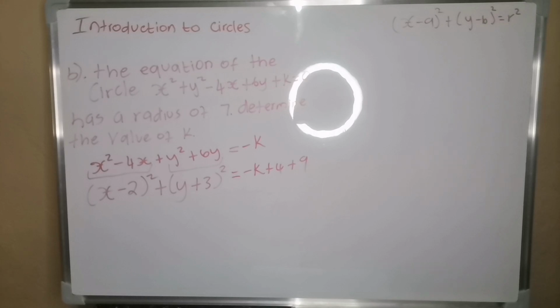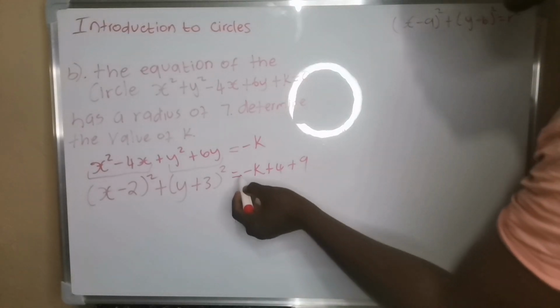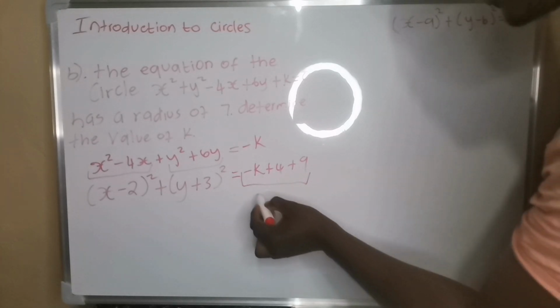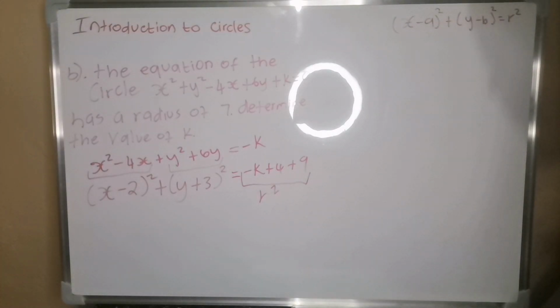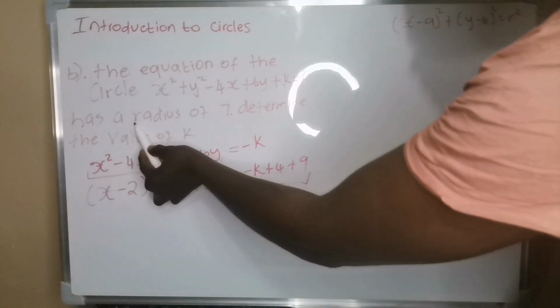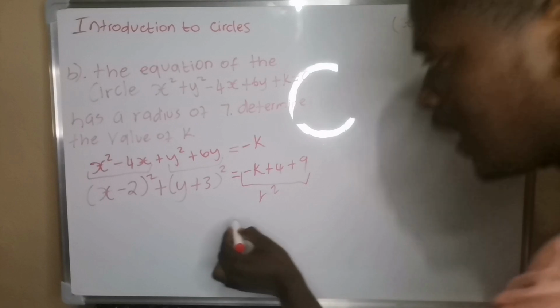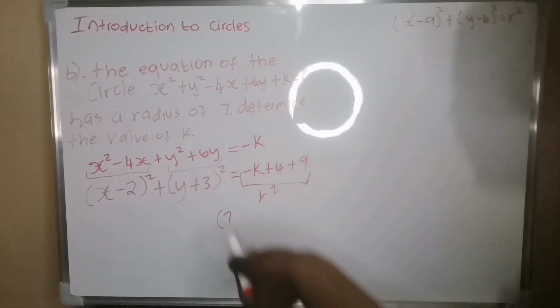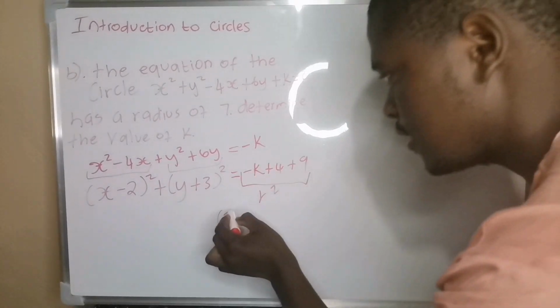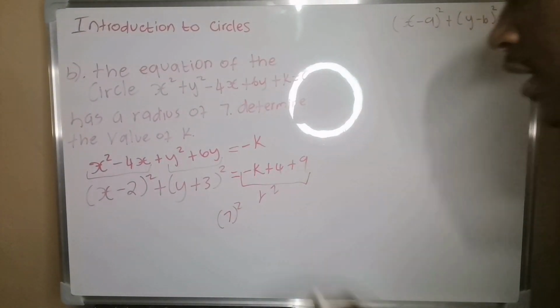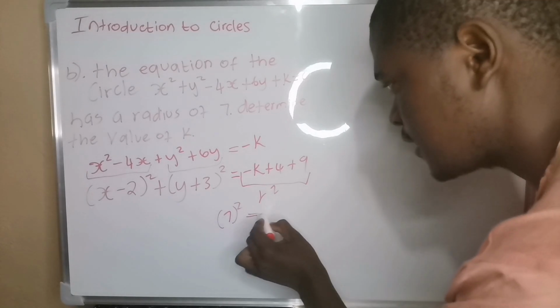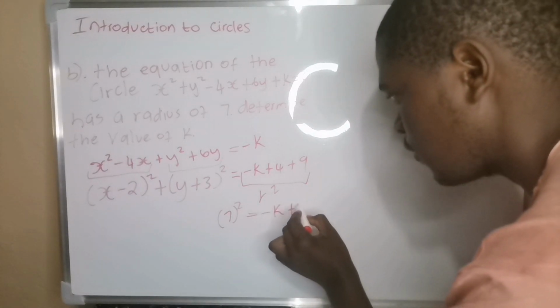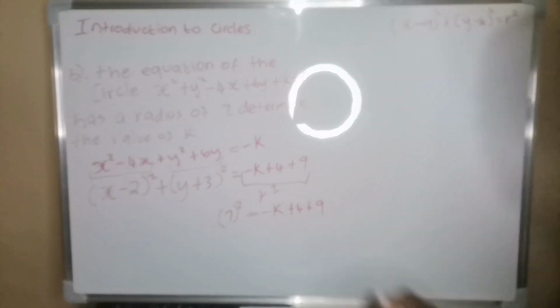Remember, we want to find k, and the right side of this equation is our r squared. The radius is 7, so r is 7. Our r squared equals negative k plus 4 plus 9.